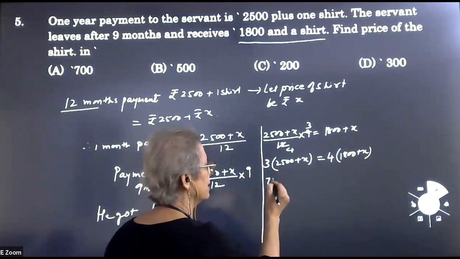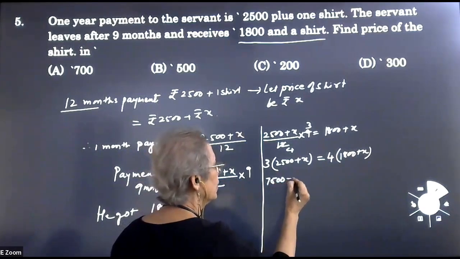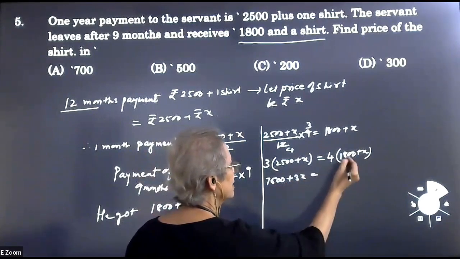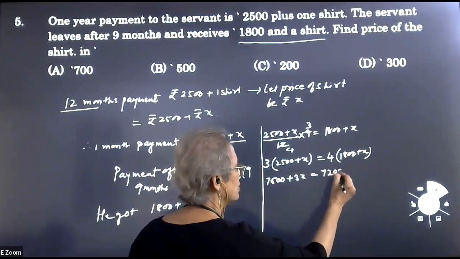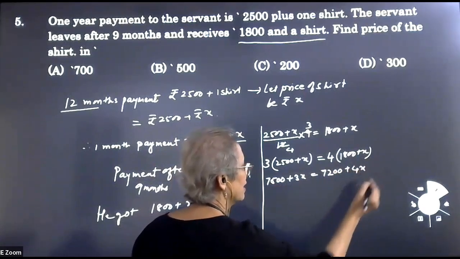This will be 25 3s are 7500 plus 3x. And here it is 18 4s are 7200 plus 4x.